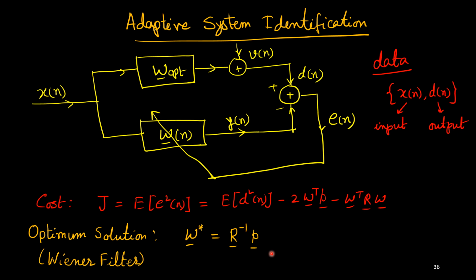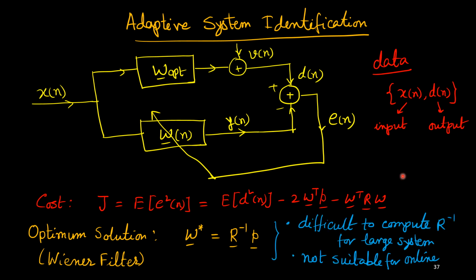That also we have discussed in my previous lectures, so you can go through those. But here you see, this is a one-shot solution. We can find the best solution in the sense of mean square error. However, there is a difficulty in finding R inverse when the system length is very large.